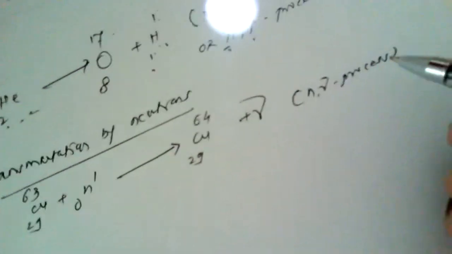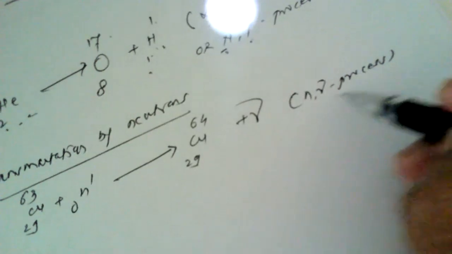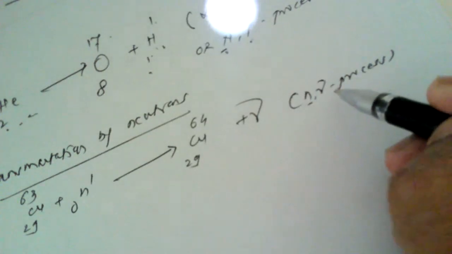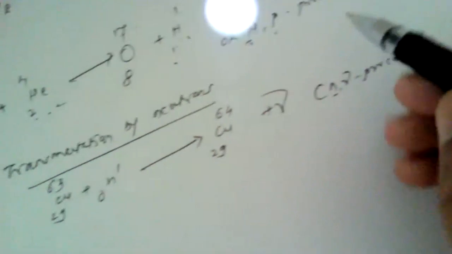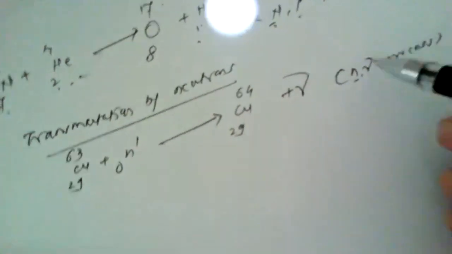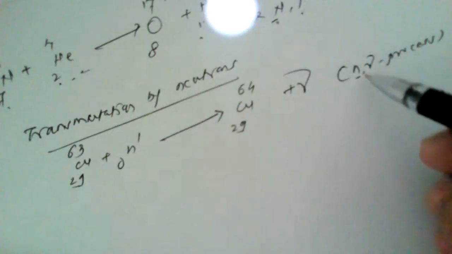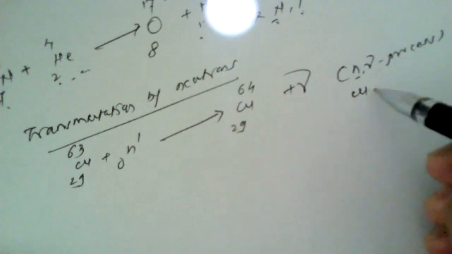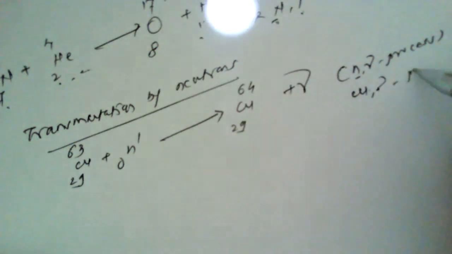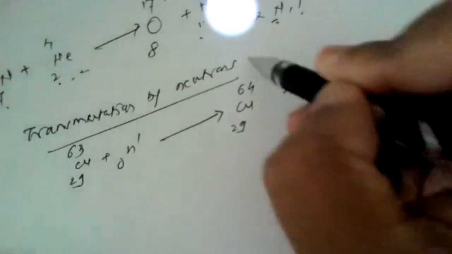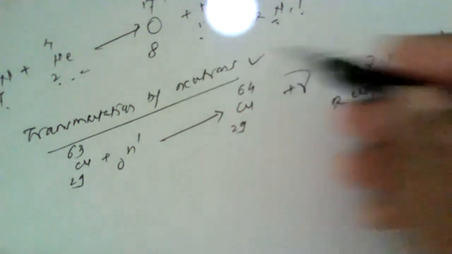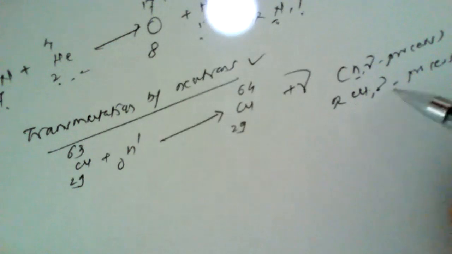This process is known as the N-gamma process. N is the projectile and gamma is the ejectile. Or this reaction can also be known as the copper-gamma process. Why is it a copper-gamma process? Because here we have written the heading as neutrons, so it is not necessary to write neutrons.